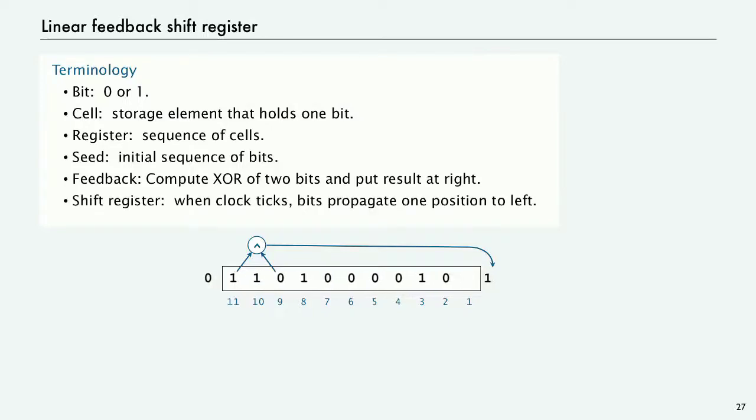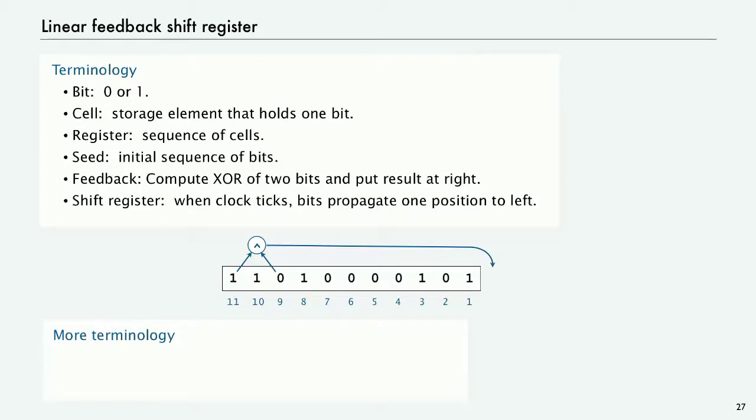And shift register means there's a ticking clock. Every time the clock ticks, we move the bits one position to the left. The bit that was in the leftmost position drops off, and all the other bits move over one position, including the one that we just computed. And that's the essence of the machine.